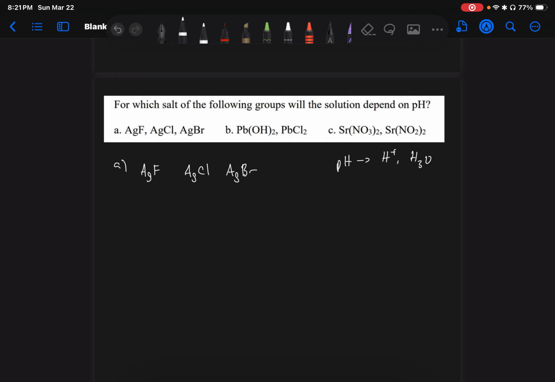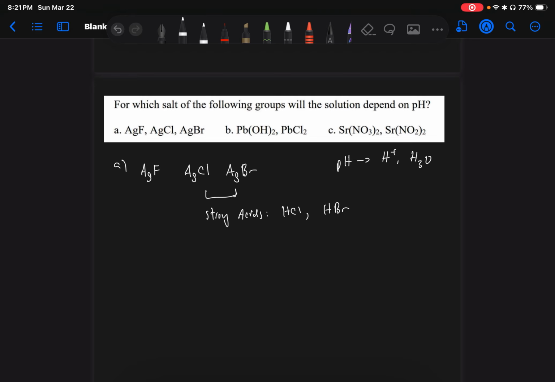So that means what? Okay, I believe, because these two are strong, right? Because it's HCl and HBr.